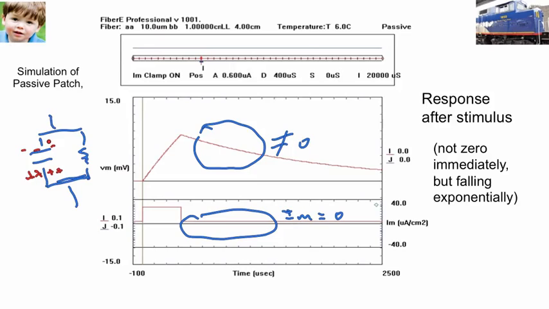Now, once the stimulus is over, these charges that have been accumulated flow back around through the resistor and out, or in this case over to the minuses.